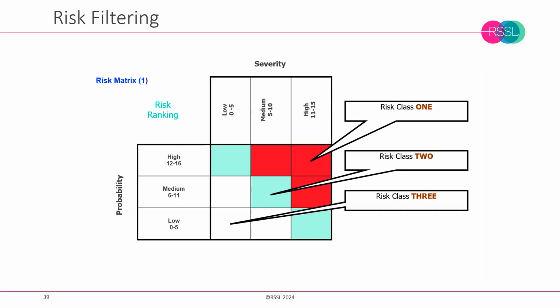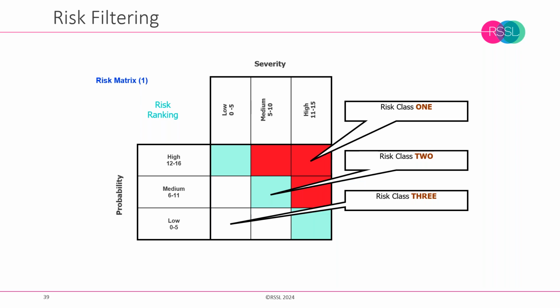So if we revisit this diagram that I showed earlier, we have three choices for severity, and we have three choices for probability. So severity, how bad would contamination be? Should it be there?